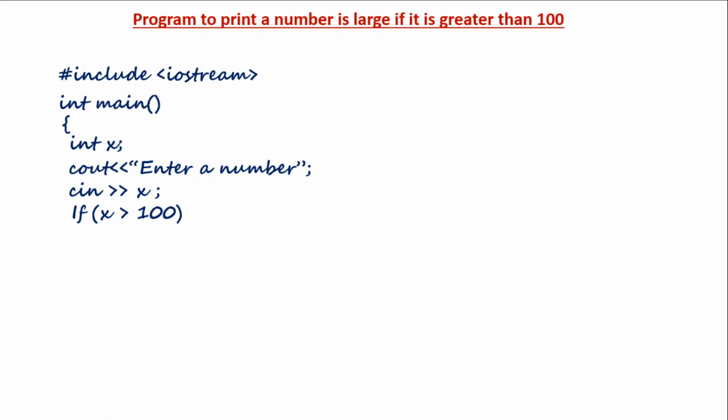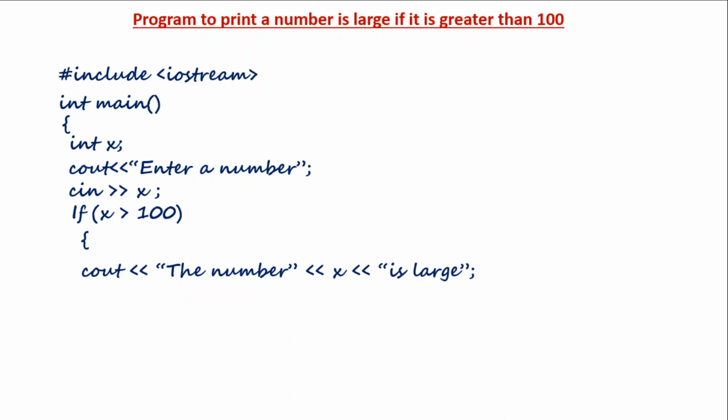Then it will check if x is greater than 100. If so, we have to write the statement and the statement will be executed. So I started the braces and wrote there the number. My style of writing is this; if you don't want to write it in this way, you can just write the number is large.